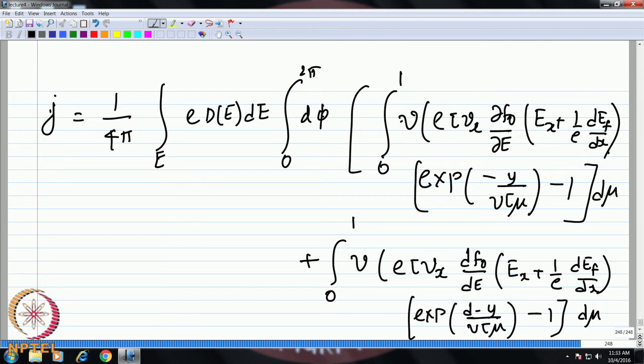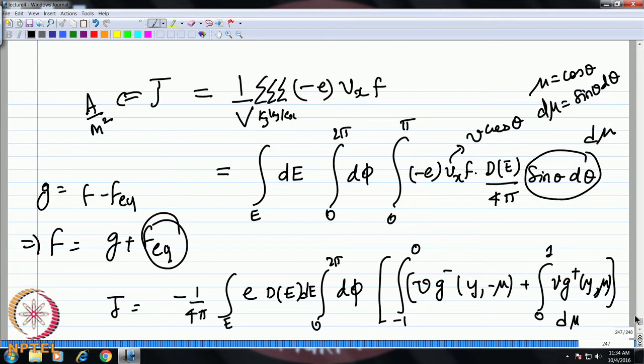So, I have one Vx here, so that should become V square. Let me see, did I miss something? There should have been a cos theta again extra, right? I think, yeah.